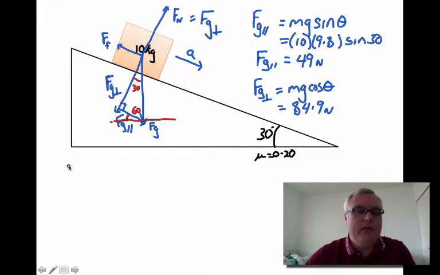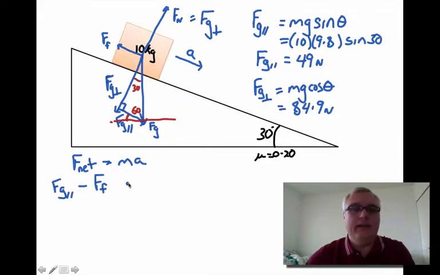So now we can start working on what is the net force in the direction of the acceleration. So we have Fg parallel acting down the slope, the force of friction acting up the slope. Those two forces combine to give us an acceleration. So Fg parallel is 49 newtons, and then we're going to subtract from that the force of friction.